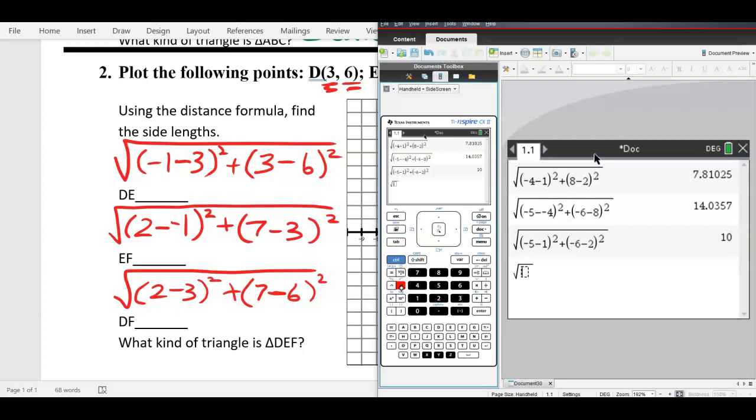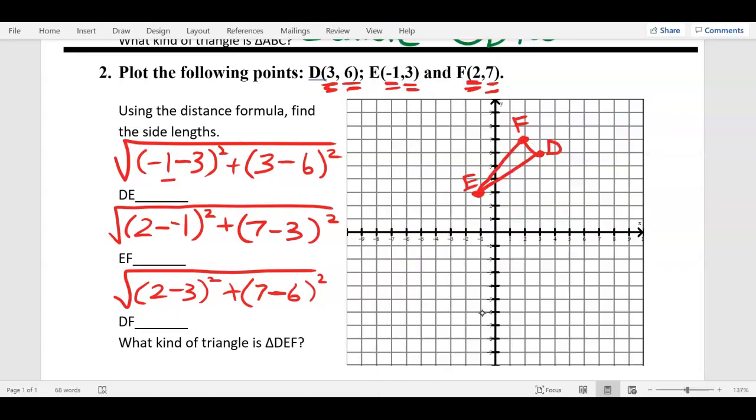Square root, negative 1 minus 3 squared plus 3 minus 6 squared. So if you can plug it in, I get 5. From D to E, apparently it's 5.